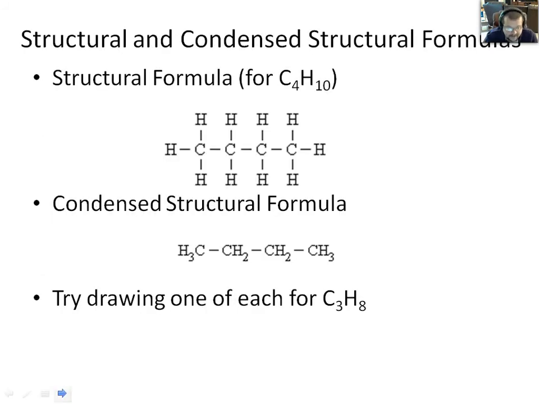Now, that aside, we've got a few different ways that we can represent these organic formulas. Let's say we're given a plain chemical formula, C4H10. If we were to write this as a structural formula, the first of the three, the structural formula is going to tell us about connectivity.